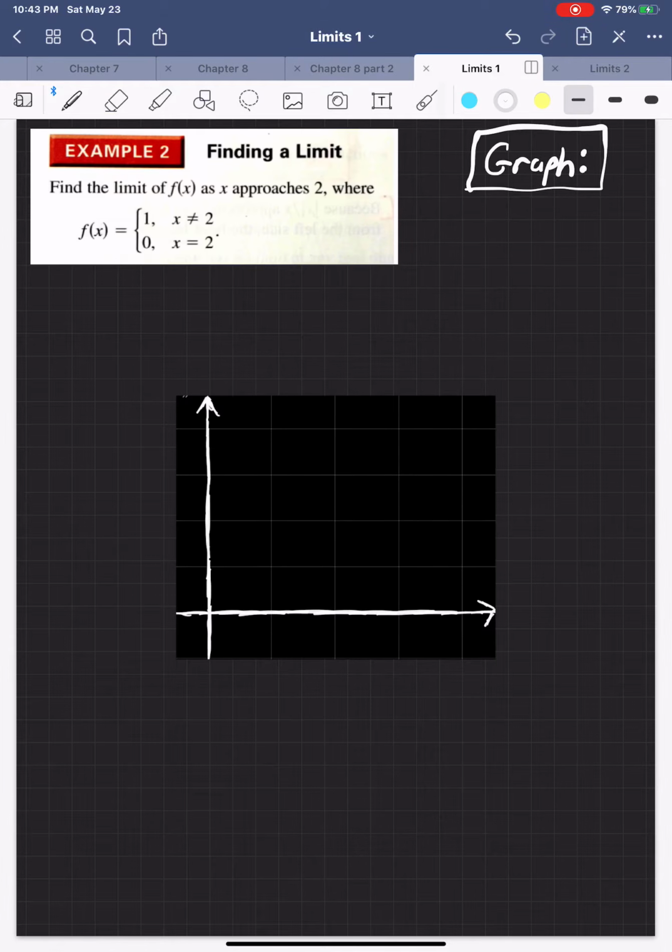So let's see if we can understand the question. It says, find the limit of this function as x approaches 2. Okay, so let's translate that. So x is approaching 2, meaning the limit as x approaches 2. Okay, well, let's now look at our function.